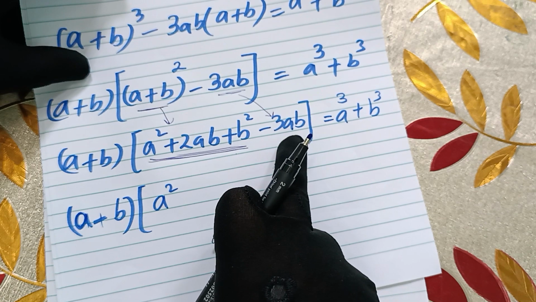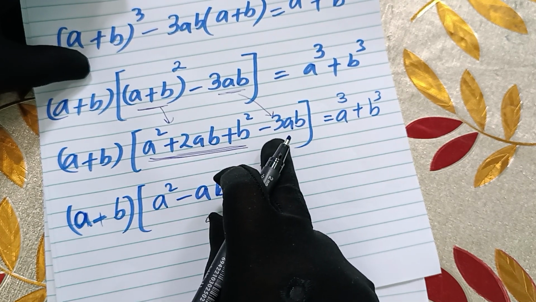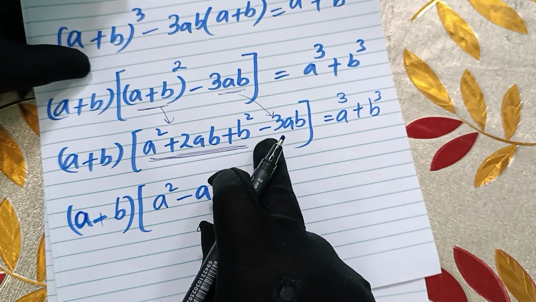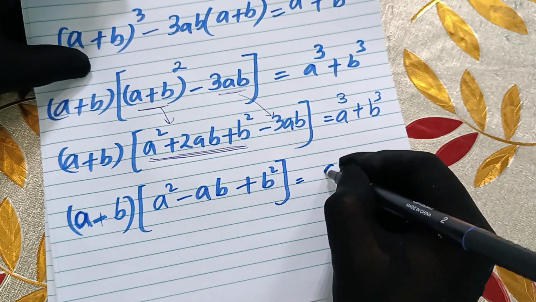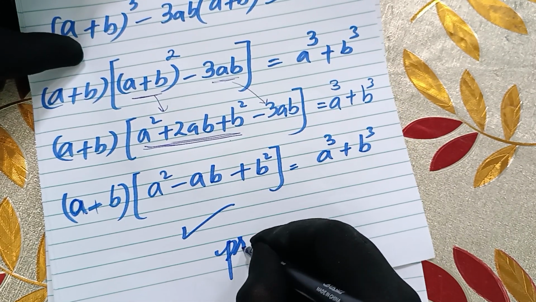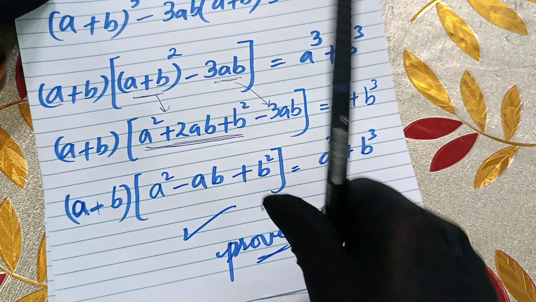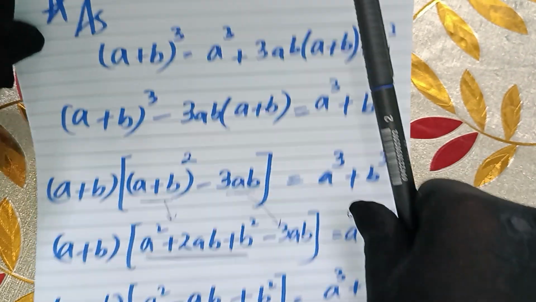If we solve, we will get minus ab, because opposite integers always subtract and the sign of the bigger digit will be used, and plus b square here. A cube plus b cube, and hence this identity is proved.